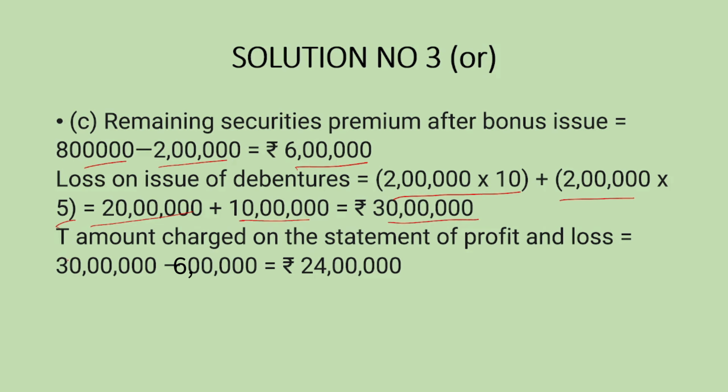So the amount charged to the statement of profit and loss is 30 lakhs minus 6 lakhs, that is 24 lakhs.